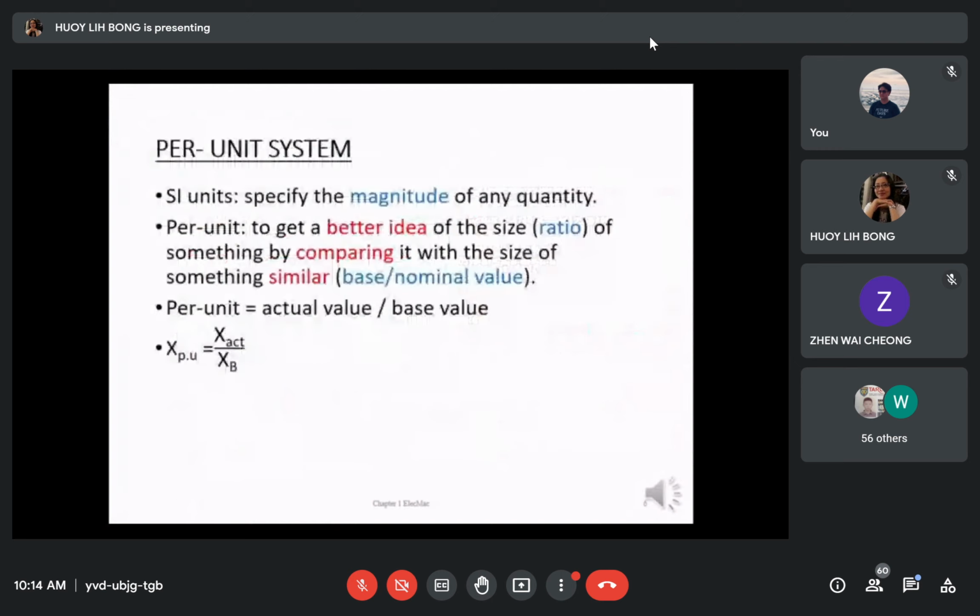Next, per unit system. An SI unit specifies the actual magnitude of any quantity.